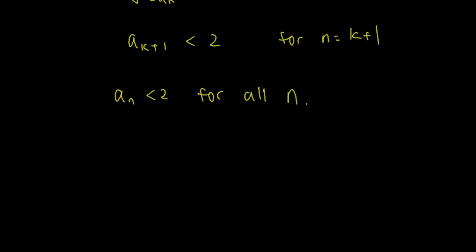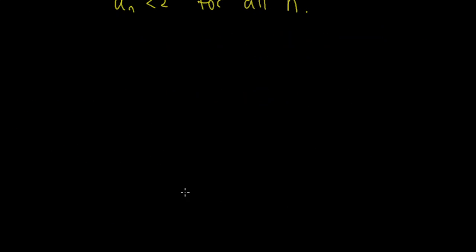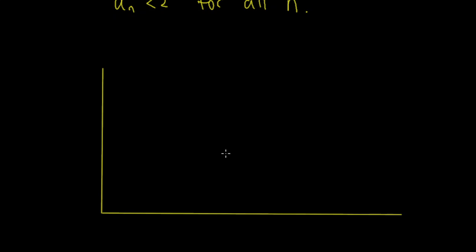Then, what would this sequence look like? Well, let's try to draw a graph of it, right? So, let's say here. In this graph, this will be a sub n, and this will be n, right? And we have this point here. Let's say this is L here.